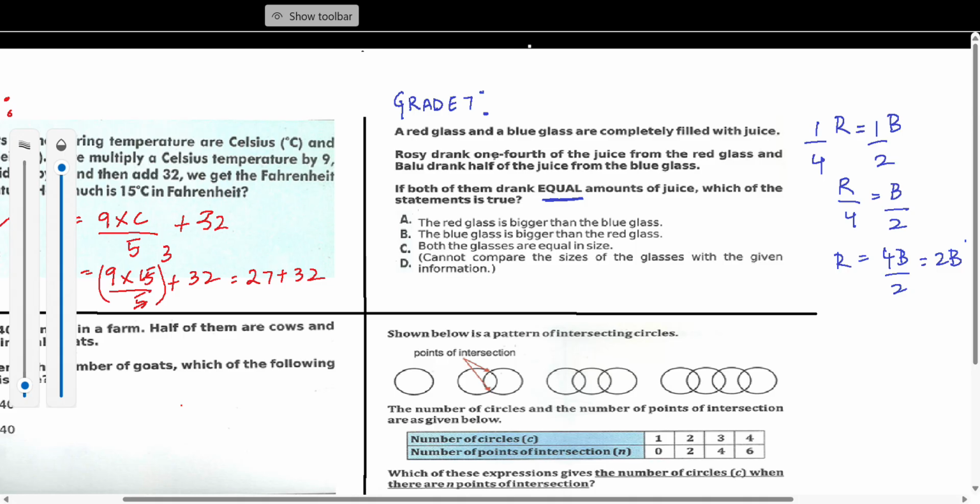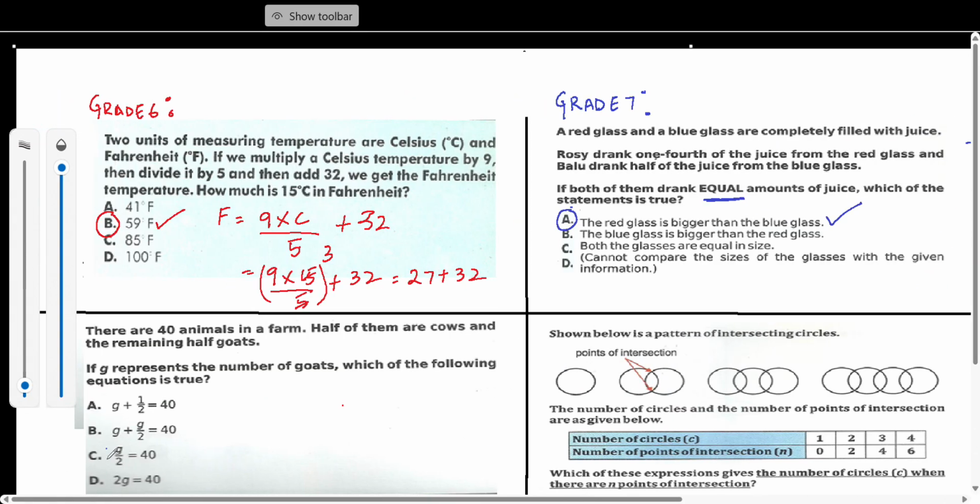So if R is 2B, it means the capacity of R is twice that of B, naturally implying that R is bigger than B. The options are: red glass is bigger than blue glass, blue glass is bigger than red glass, both are equal, cannot compare. Clearly, we got the first one. So this is the answer. Hope that was clear. This is how we have to proceed.